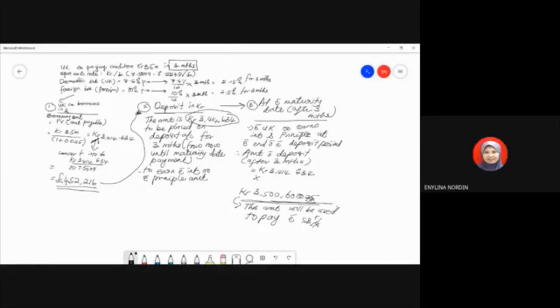All right. So, what about the loan? This is the amount that you have borrowed, in pound, in the first month.